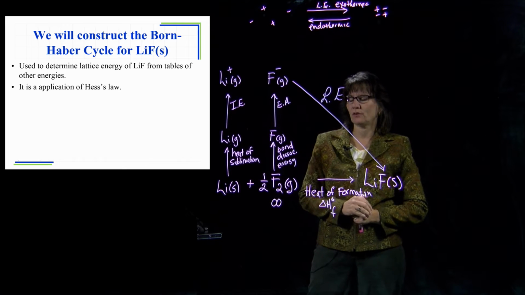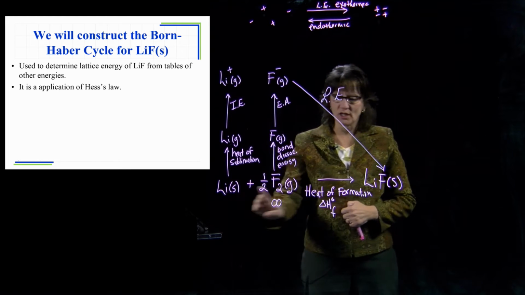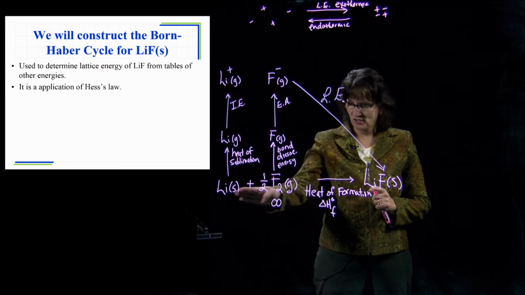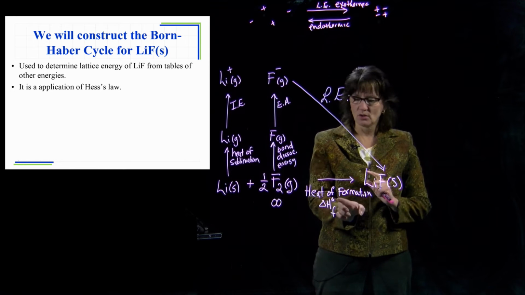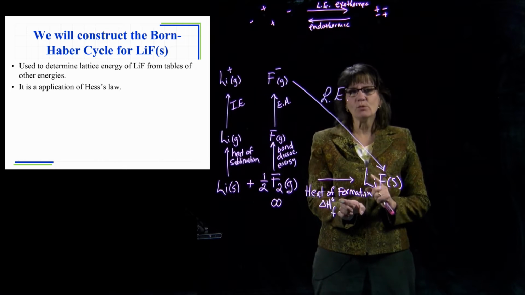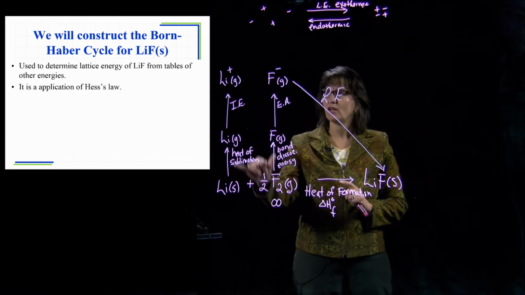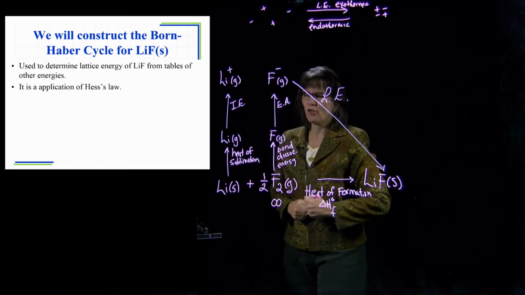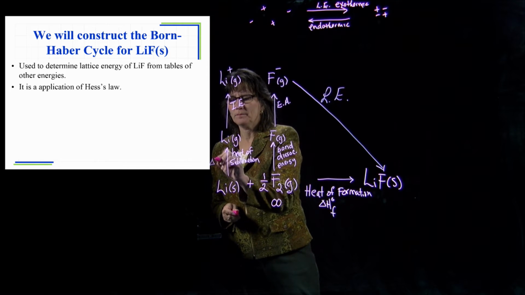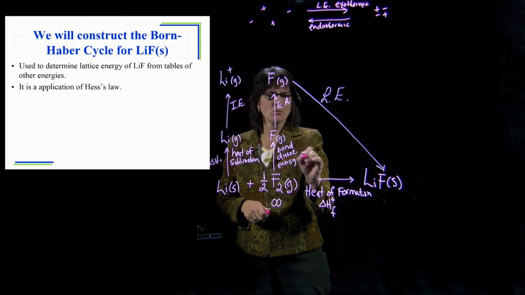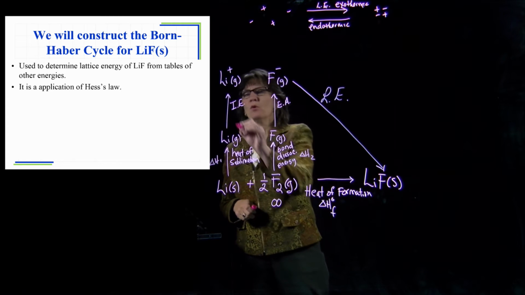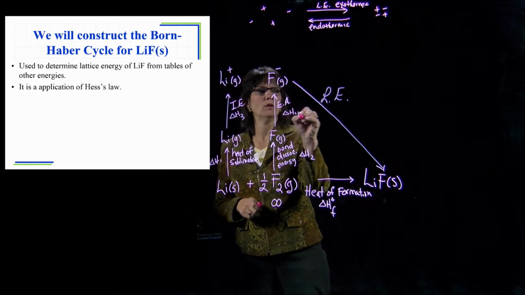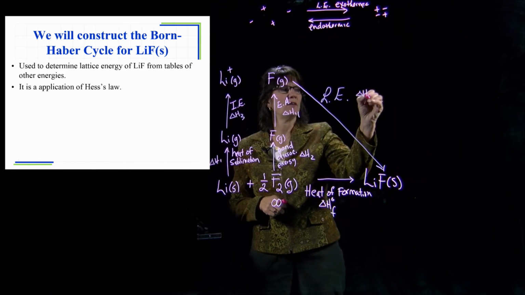Hess's law says that if you do a reaction in one step, the energy change for that one step, which is this step right here, and in our case it's called heat of formation, is equal to doing the same process in a whole series of steps. So let's number these energies. Let me call this one delta H1, this one delta H2, this one delta H3, this one delta H4, and this one delta H5.